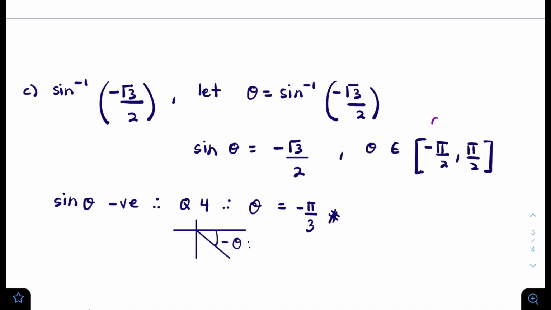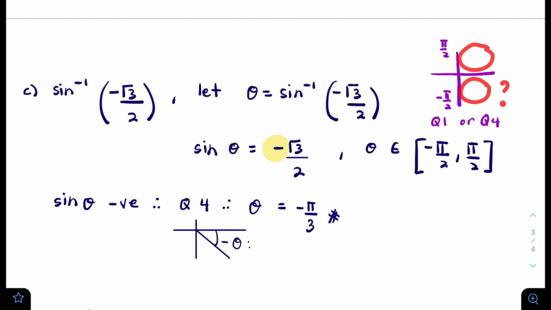So you can say this is quadrant 1 or quadrant 4. Again, if I cannot remember, this is negative pi over 2, and on top of it will be pi over 2. Now to determine the quadrant, your sine theta is a negative value. Does it fall in quadrant 1 or quadrant 4?